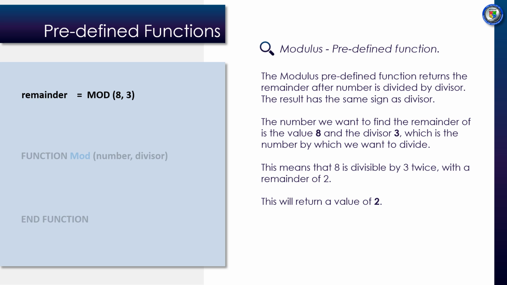This provides a remainder of 2. And this is the value we want to find, the remainder value. This is then returned to the expression, which is in turn assigned to the variable remainder.